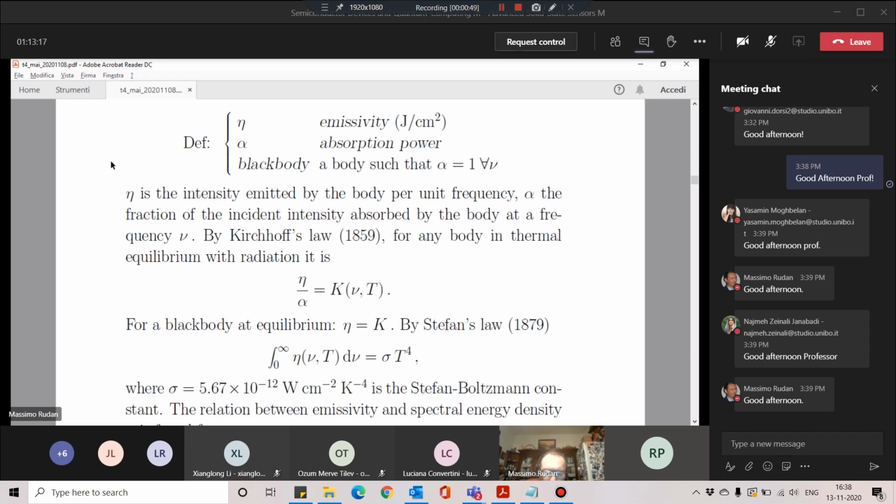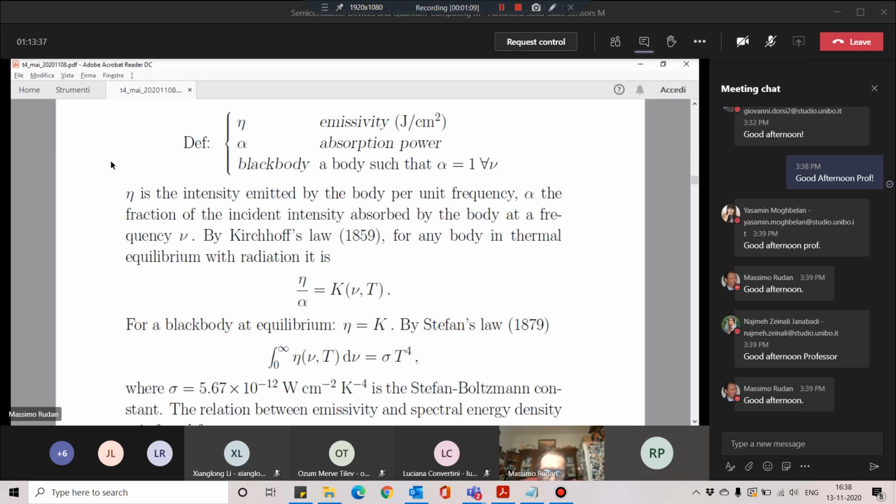And this function is universal, meaning that apart from temperature and frequencies, that are the two variables, it depends only on universal constants like the speed of light or similar.